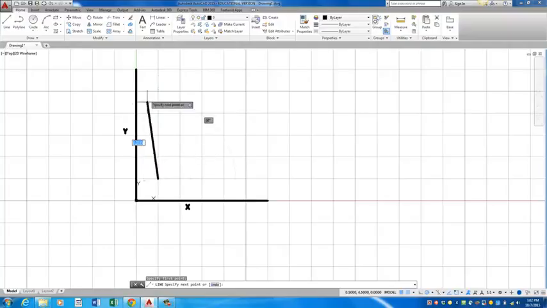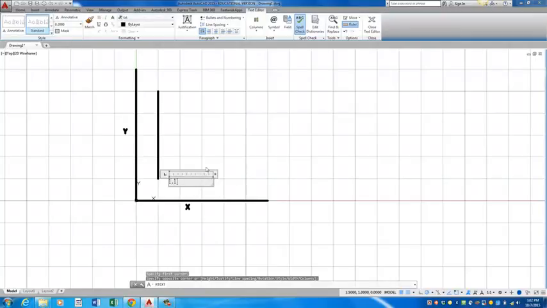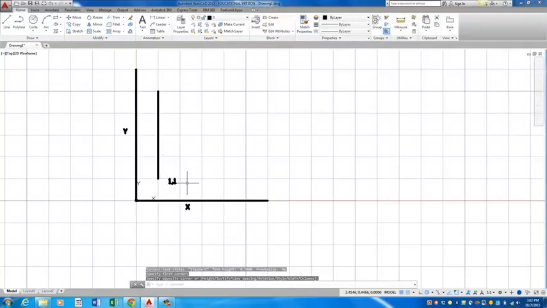So I'm going to draw this line up here. And I'm going to put a text in here. 1, 1. Okay. Now, I drew this line up to this point here. So I'm sure you've already counted the squares.